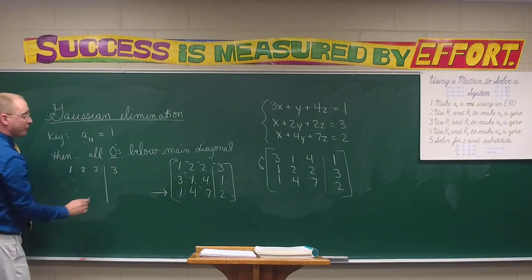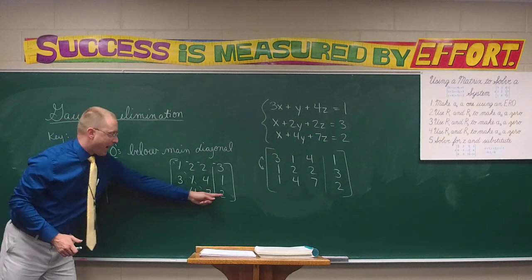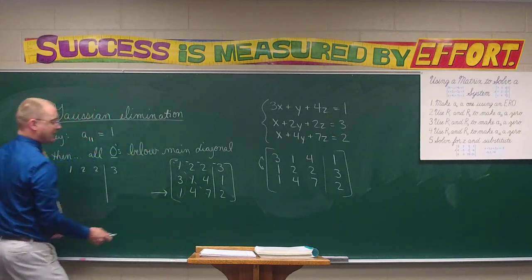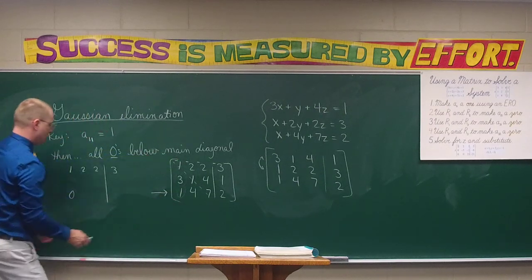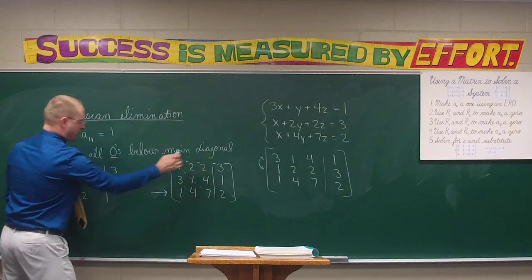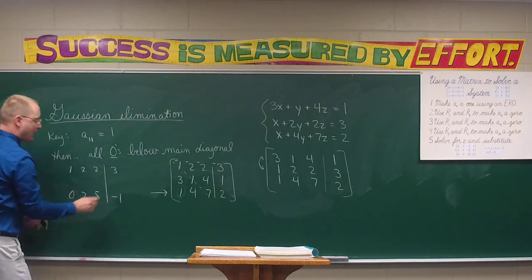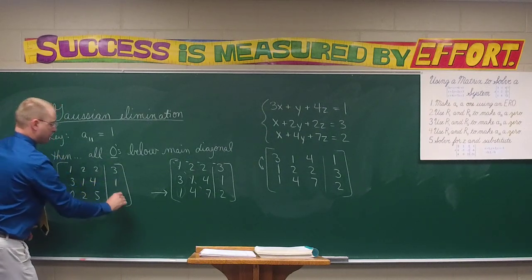Remember, we said when we add rows, we keep one of the rows intact. I'm keeping my top row intact. But I'm going to allow the bottom row to change and become the sum of 1 and -1, 4 and -2, 7 and -2, 2 and -3. And I'm also, for now, going to leave the middle row just like it is.